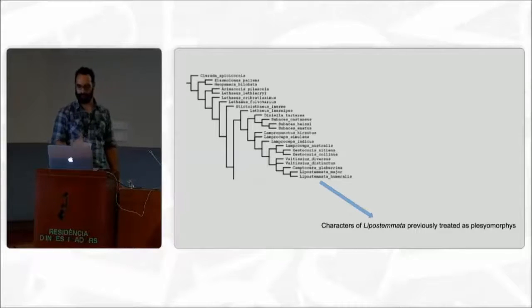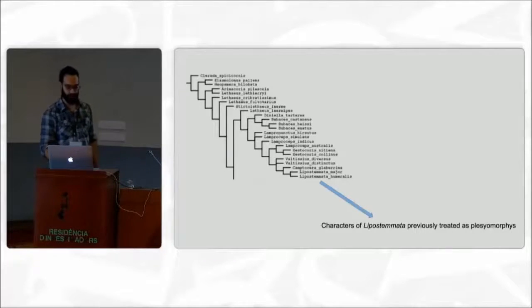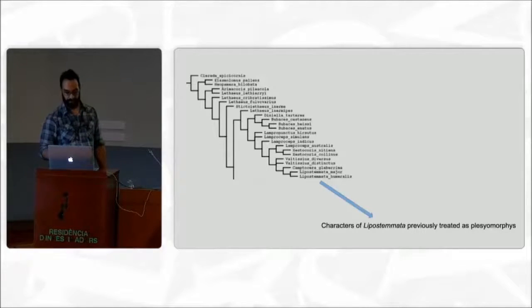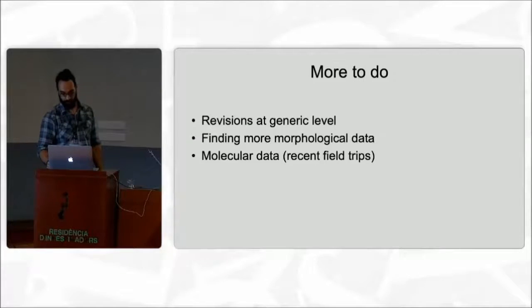Lipostemata, O'Donnell said that would be a plesiomorphic characteristic, and here we see that it's at the end of the tree, so could be some kind of specialization. The characters could be for specializations. So we always have more to do.